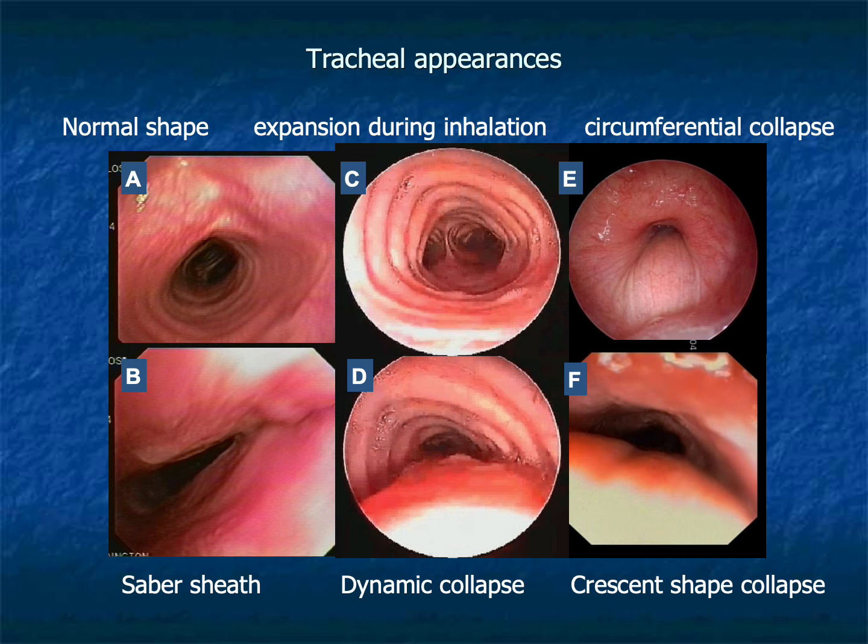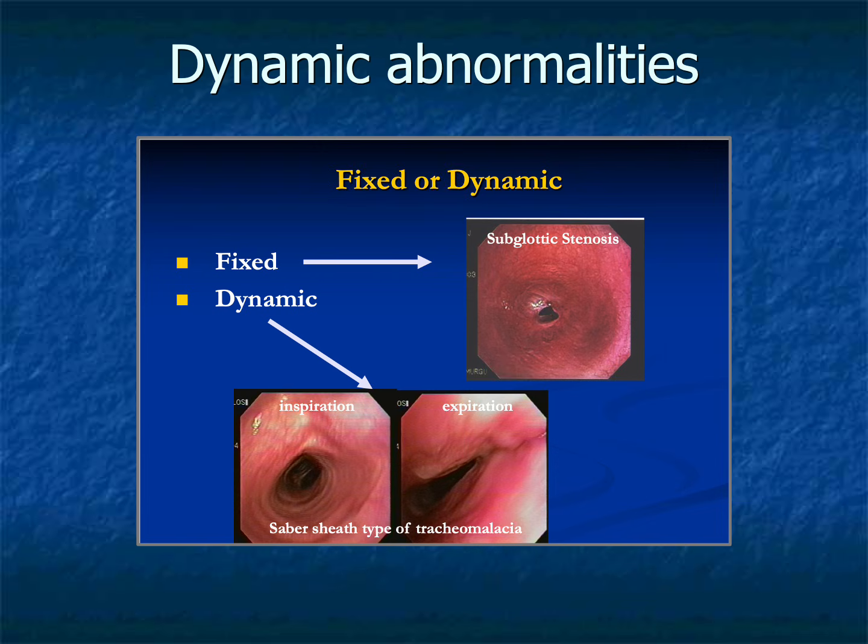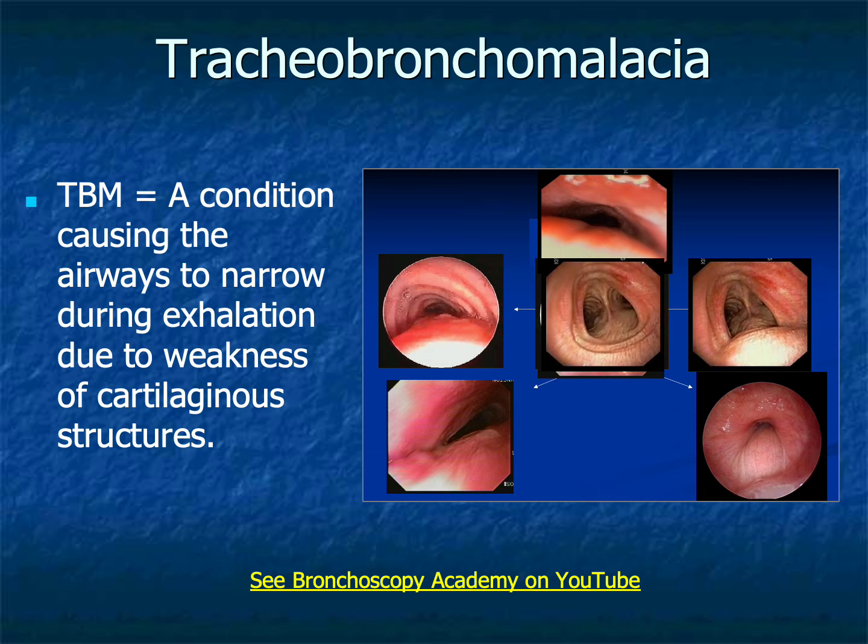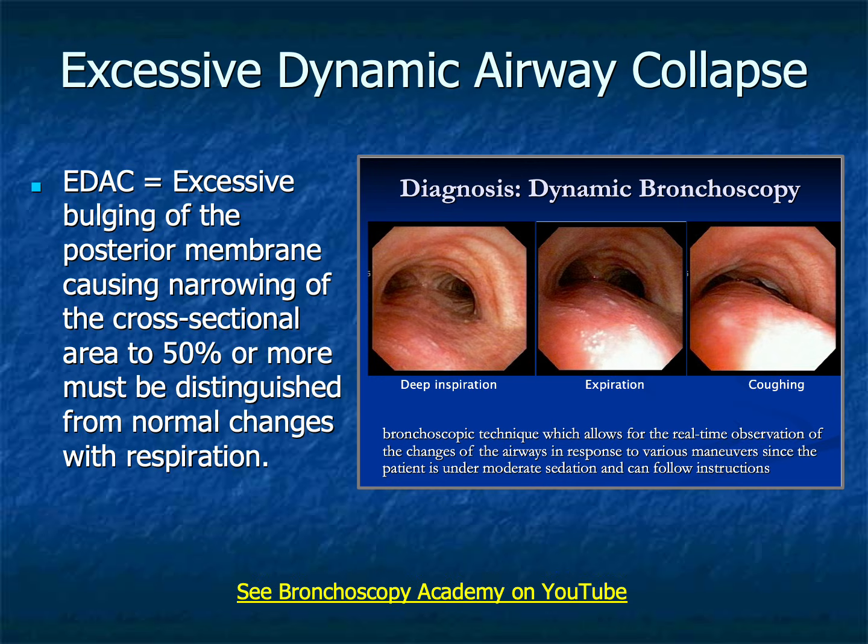We now move from normal dynamics into pathological airway collapse. Tracheobronchomalacia reflects weakening of the cartilaginous airway framework, leading to excessive narrowing during exhalation. Excessive dynamic airway collapse, by contrast, also known as EDAC, primarily involves exaggerated bulging of the posterior membranous wall.